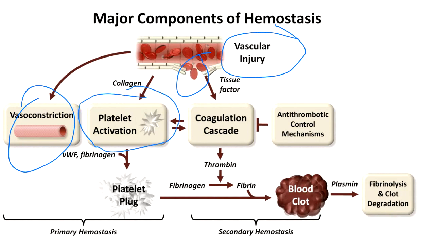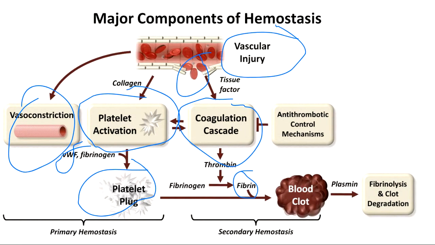They become very sticky thanks to von Willebrand factor and form a platelet plug, an aggregation of platelets to seal the broken wall. Next is the coagulation cascade, which is complicated, but ends up with the formation of fibrin threads that surround the plug to form a blood clot. They're going to help to add some red blood cells and more platelets to that clot.